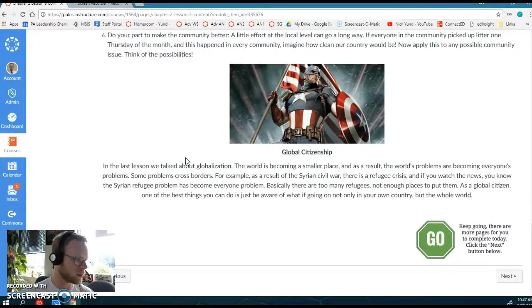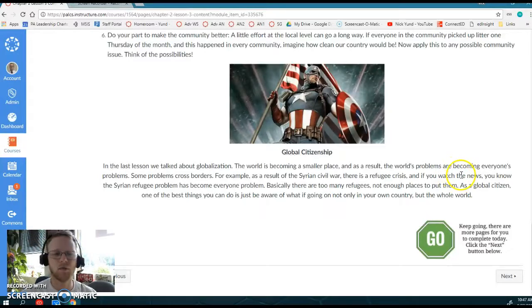A whole bunch of people are becoming refugees, leaving the country, and they need places to go, but there's so many of them that countries are fighting over who's going to take these refugees and how many should we take and things like that. As a global citizen, let's see this as a global problem now. It was a problem in one country, now it's a problem for everyone.